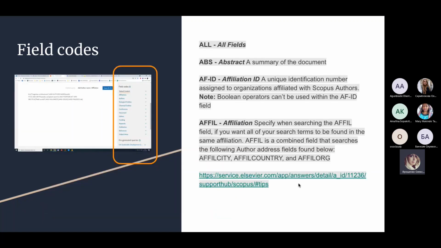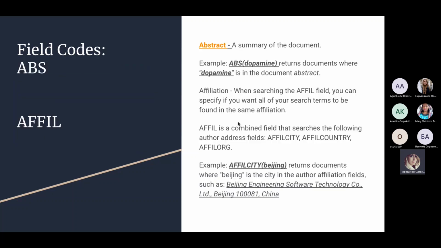We have different field codes. For example, we can search in all fields, only in abstracts, in affiliation ID, or in affiliation, for example, if you know some specific organization like Kyiv-Mohyla Academy. You can look for keywords in abstracts. For example, ABS dopamine returns documents where dopamine is in the abstract.